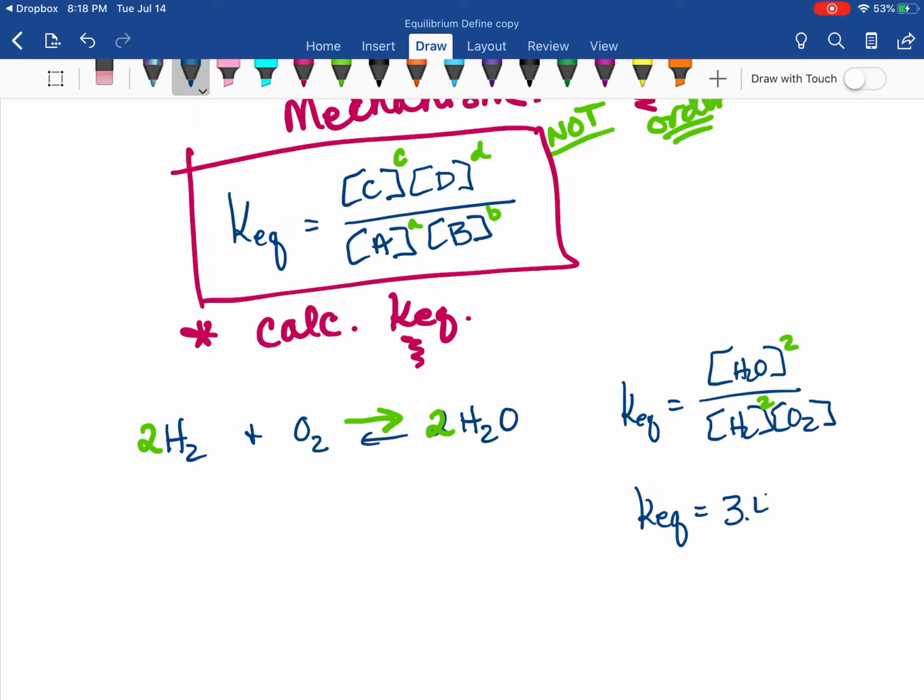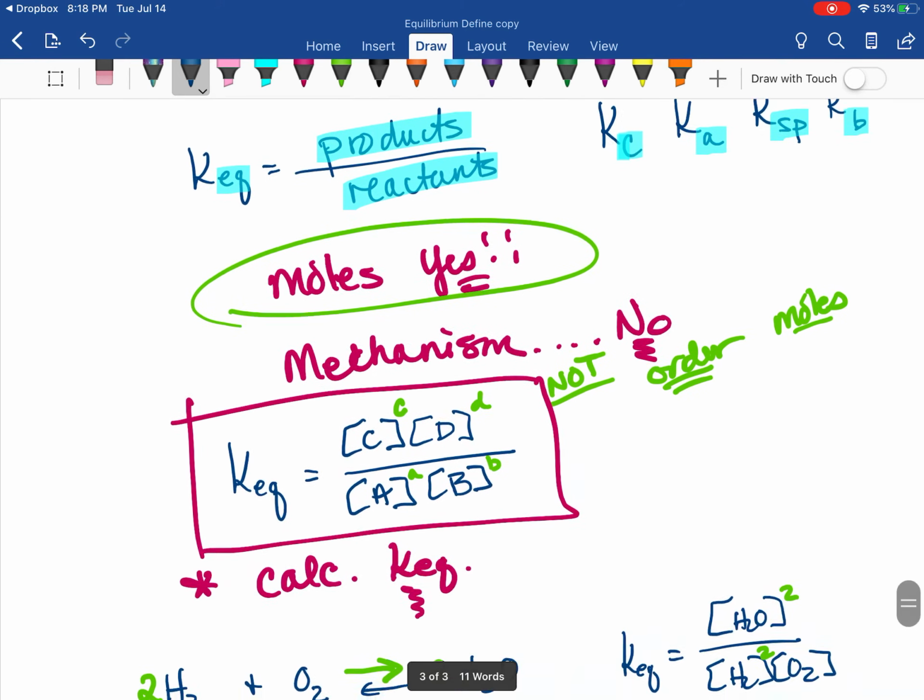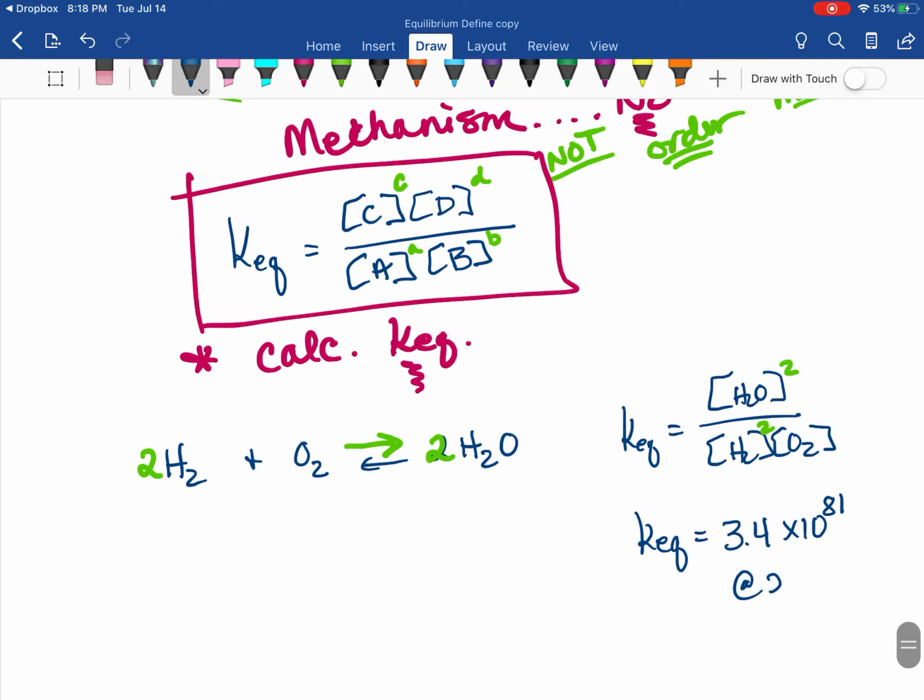Now let me give you the value for this, and we'll see this again in Unit 4. It's actually staggering. Look at this. There is a known equilibrium constant for that. Holy crap, look at that. Okay, and I'm going to go ahead and say that that's at room temperature. Okay, so what does this number mean? Does that mean you have more water or more hydrogen and oxygen? This is what KEQ tells us. That number is huge.